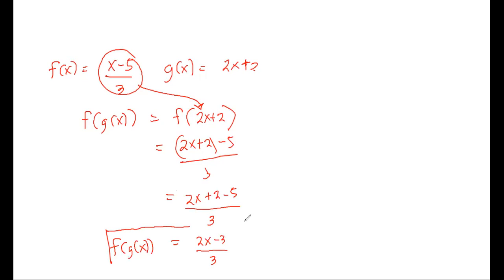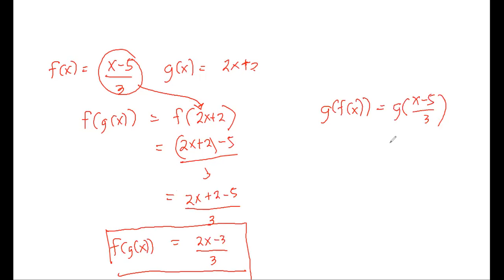Now let's go to g composition of f of x. It means that we'll find the function of g given (x minus 5) over 3. So let's have this one. 2 quantity, what's our x? (x minus 5) all over 3, plus 2.